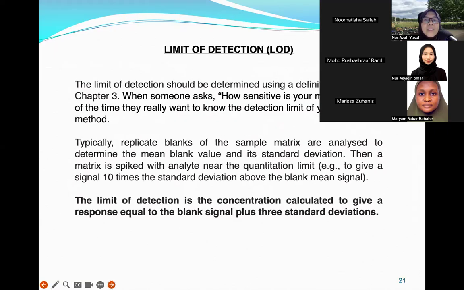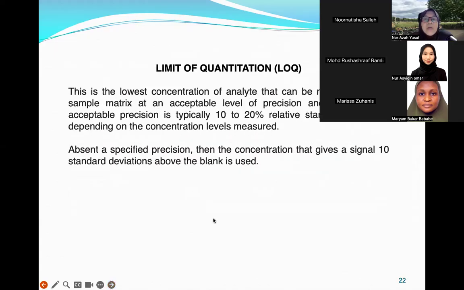All right, so this is limit of detection, which is related to sensitivity just now. There are a few different ways to calculate limit of detection. We will learn that because that will answer when people ask, how sensitive is your method?